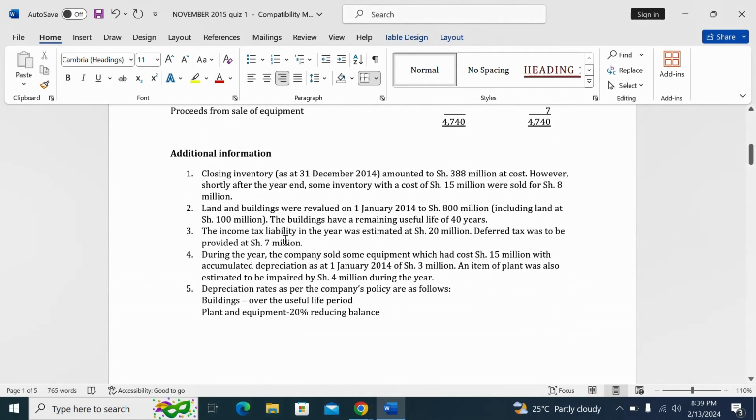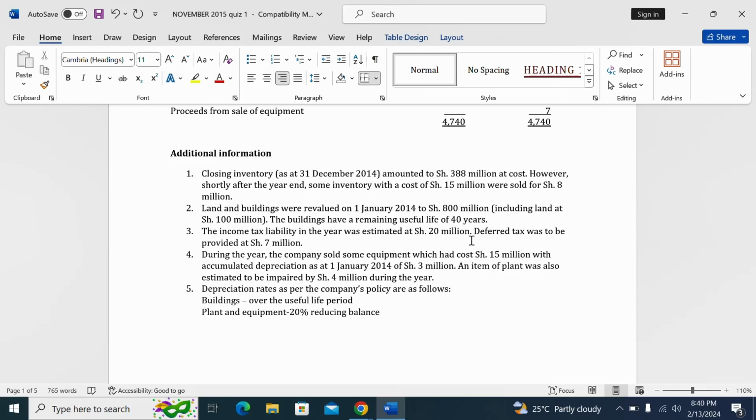Number 3, the income tax liability in the year was estimated at shillings 20 million and deferred tax was to be provided at shillings 7 million. Remember, this is the first time they are providing for deferred tax. Therefore, our total tax expense for that period will be 20 million plus 7 million, because the tax expense is usually calculated as the estimated tax.